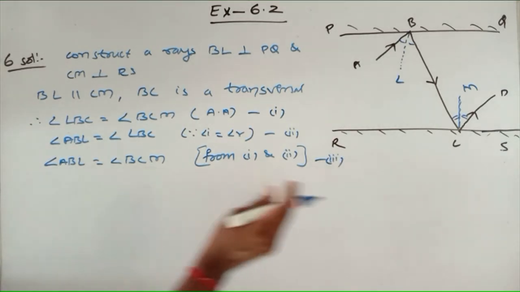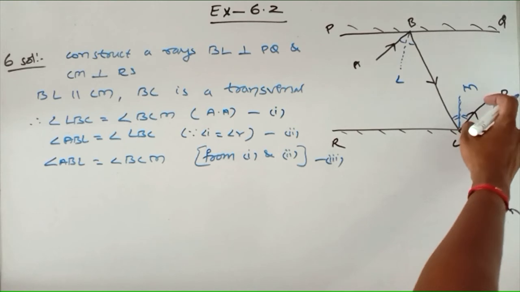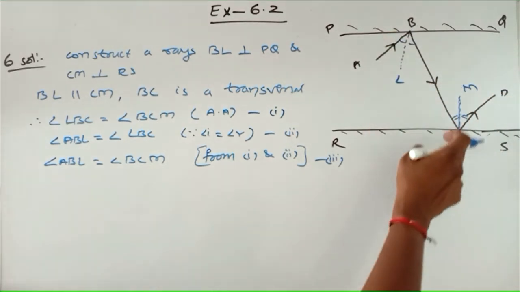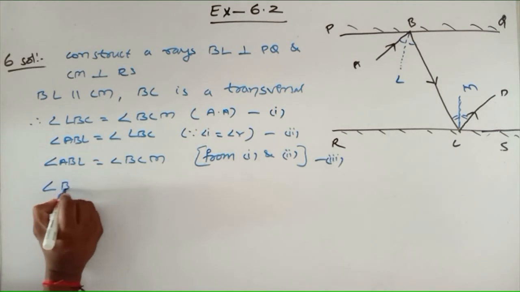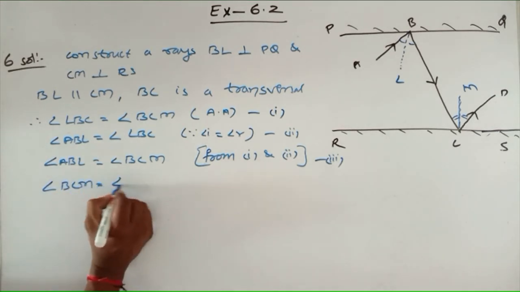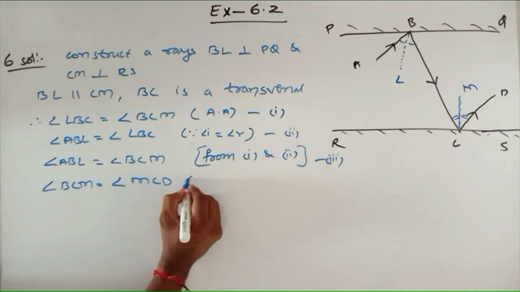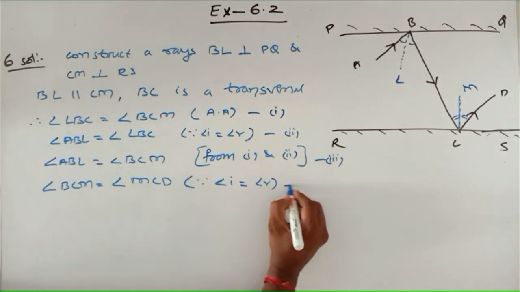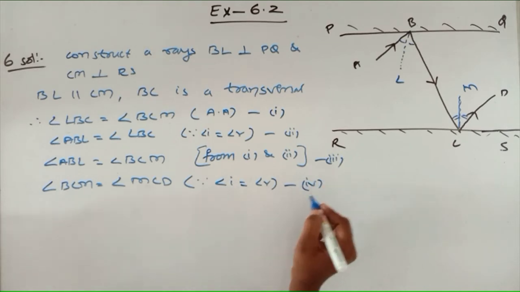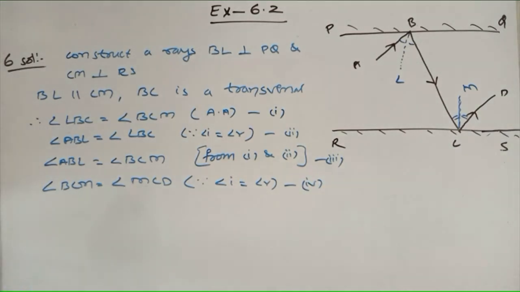Now clearly I know this is an incident ray and it is a reflected ray. Then automatically angle BCM is equal to angle MCD. So angle BCM is equal to angle MCD. This is since angle of incidence is equal to angle of reflection. This is the fourth equation. Okay, children.